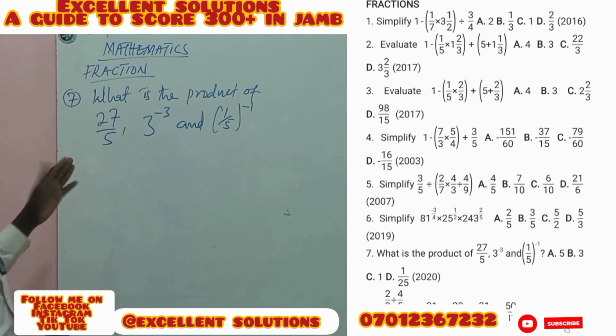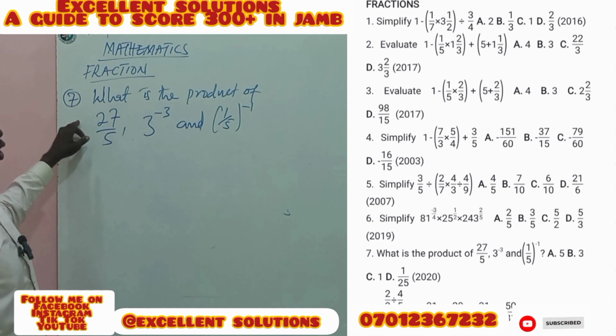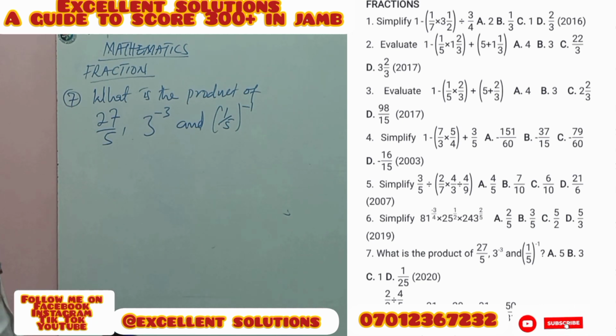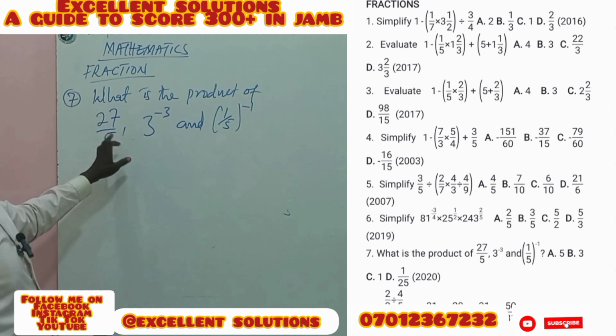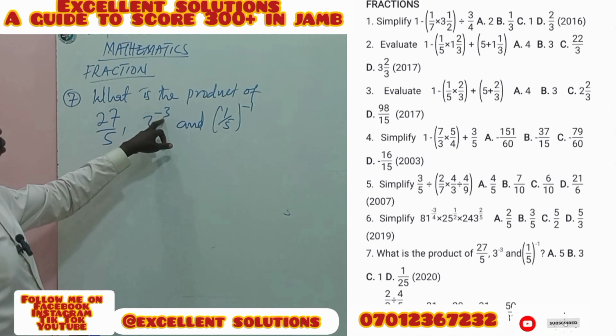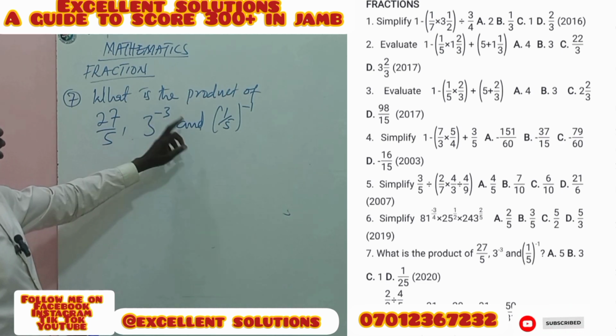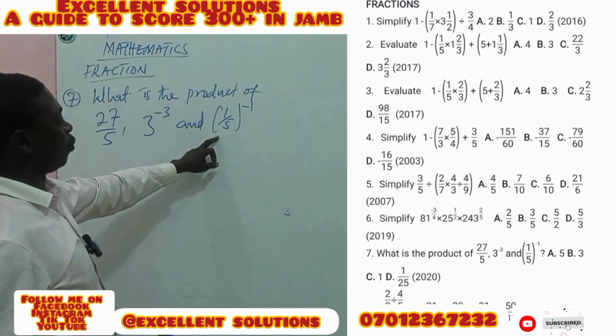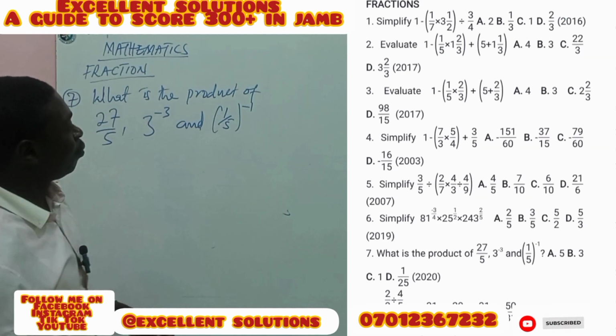So our next question is question 7, and this question was asked in 2020, and the question says, what is the product of 27 upon 5, comma, 3 raised power of minus 3, and in bracket 1 upon 5 raised to the power of minus 1.